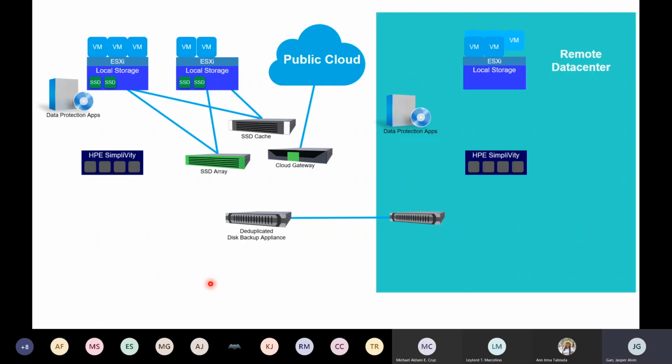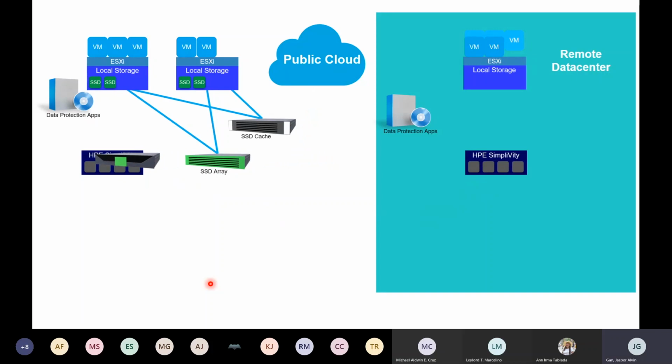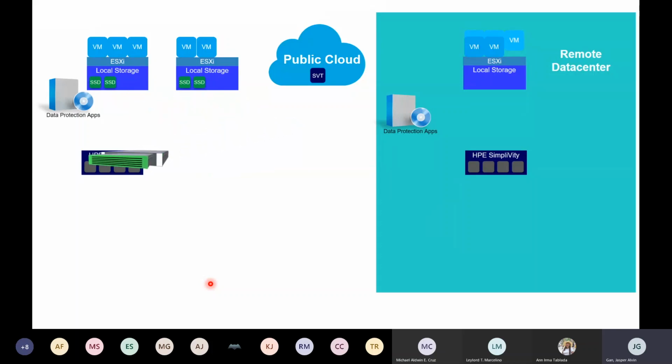Next is the built-in deduplication and compression that Simplivity has, so we do not need to have another separate appliance for that. And some cloud gateways. And since our technology is all flash and we also have some hybrid models, we don't need the SSD arrays and SSD caching anymore.